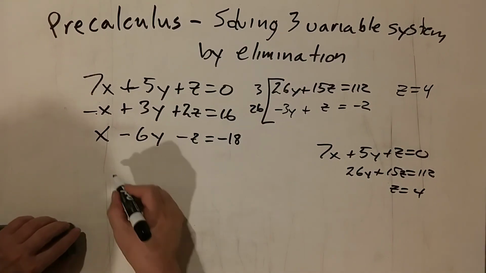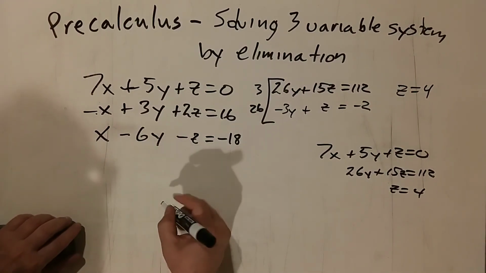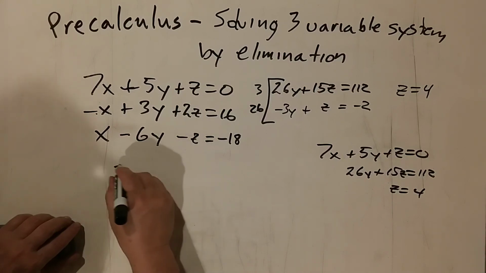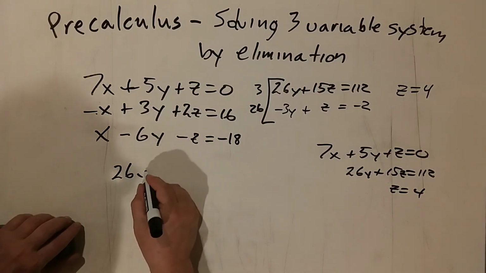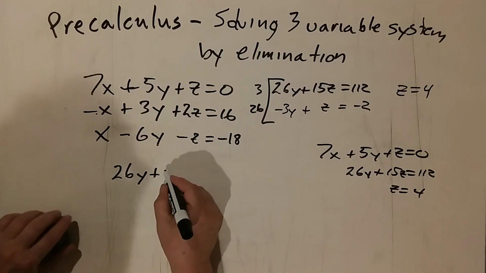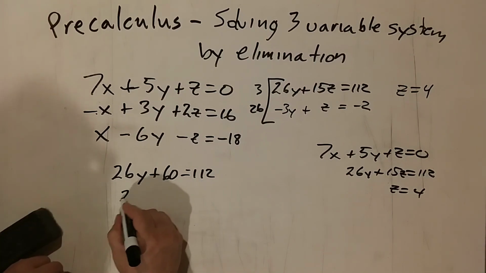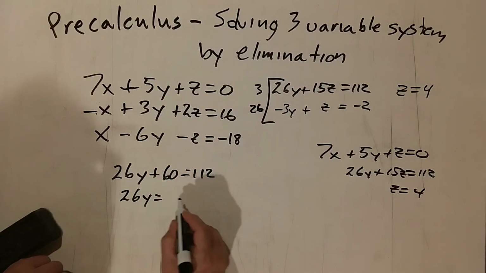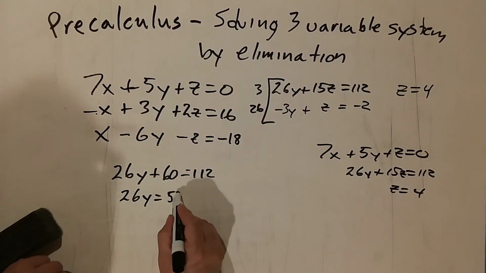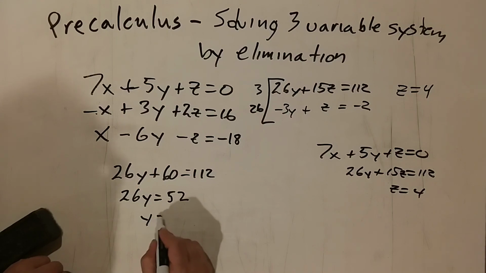To find y, 26y plus 15 times 4, which is 60, equals 112. So 26y equals 52, and y then equals 2.